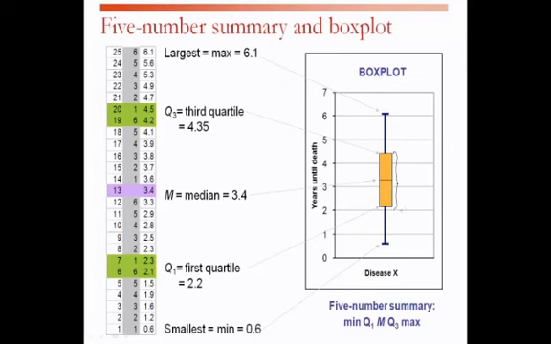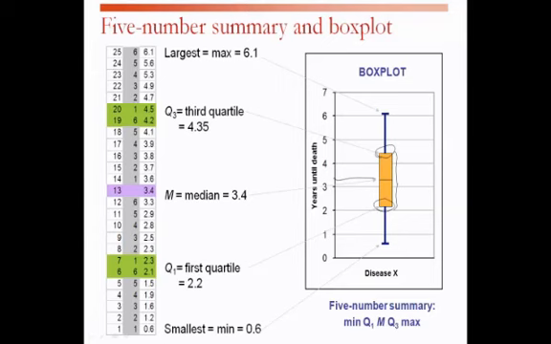The lower edge of the box is the 25th percentile. The upper edge of the box is the 75th percentile. And the line in the box is the median. In this particular example, the median is approximately 3.4. That tells you 50% of the data are below the median and 50% above.